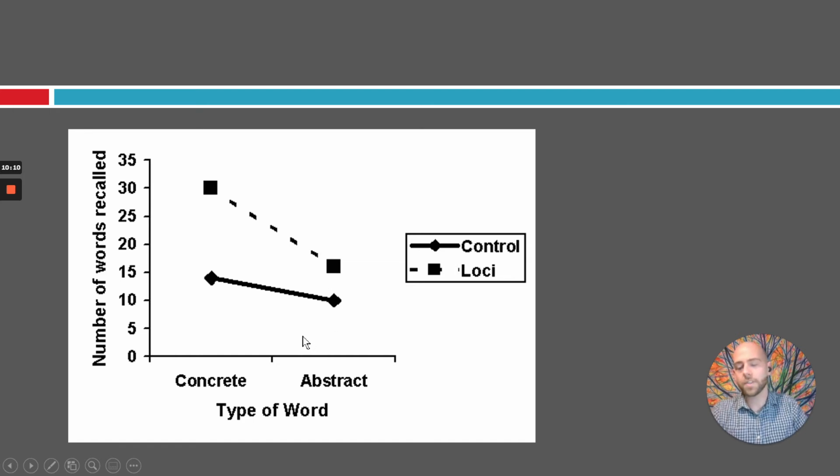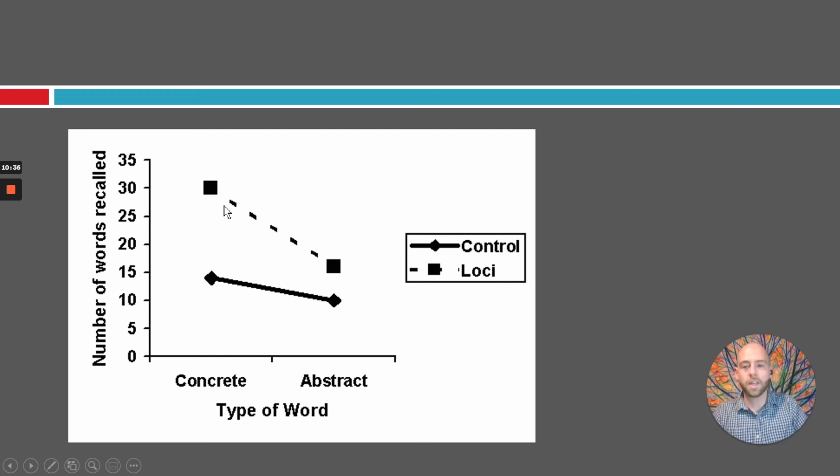So just imagine that you only did an experiment about the method of loci using concrete words. It's difficult to pinpoint where these things are exactly sometimes. Let's say, again, that you only did the method of loci versus control with concrete words.